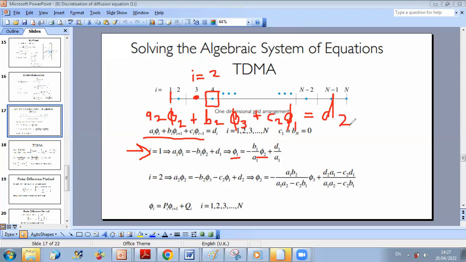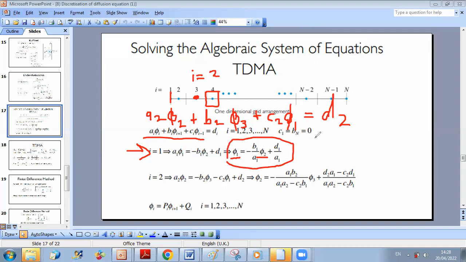And since I have already determined a relation between phi 1 and phi 2, from the previous equation I already found phi 1 as a function of phi 2.